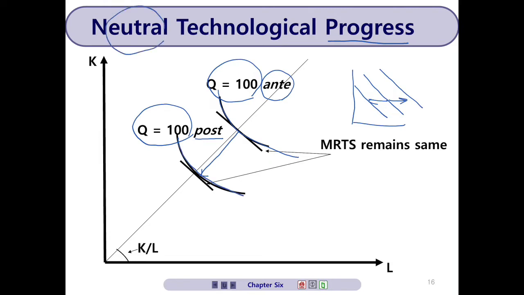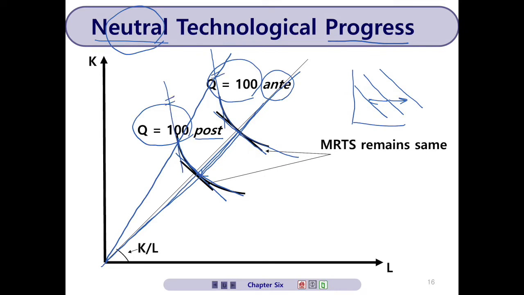For neutral, for any ray from the origin, the tangent line on this ray doesn't change. That's neutral. We can think about another ray, and imagine another tangent. This tangent line has the same slope.